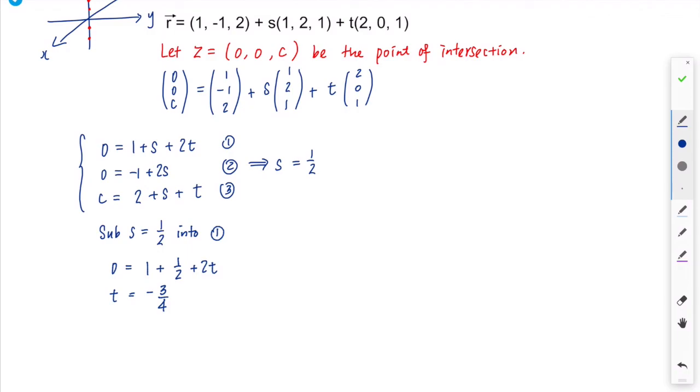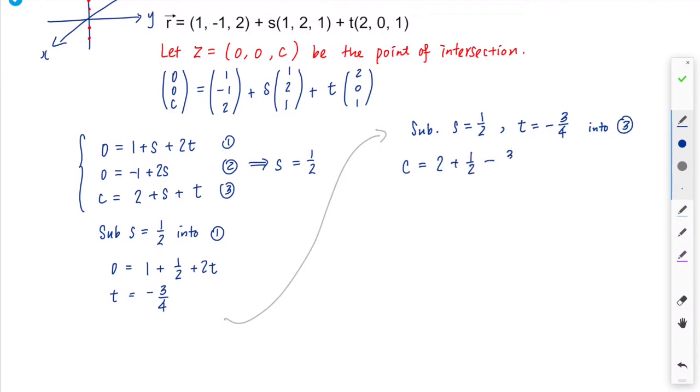Okay, and then doing the same now to equation 3, which will allow me to find the value of C in this case. So sub s equals 1/2 and t equals negative 3 over 4 into equation 3. I've got C equals 2 plus 1 over 2 minus 3 over 4.